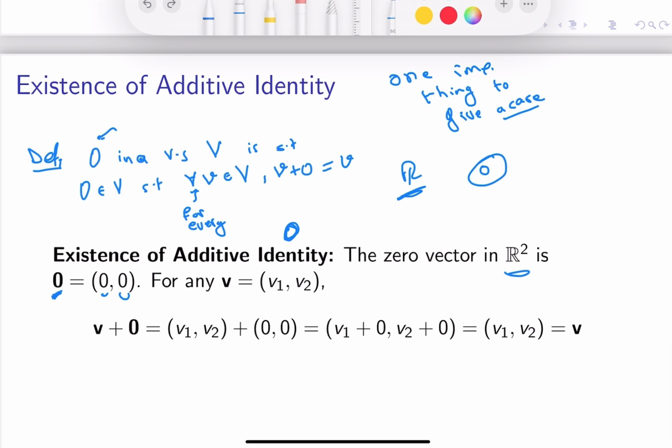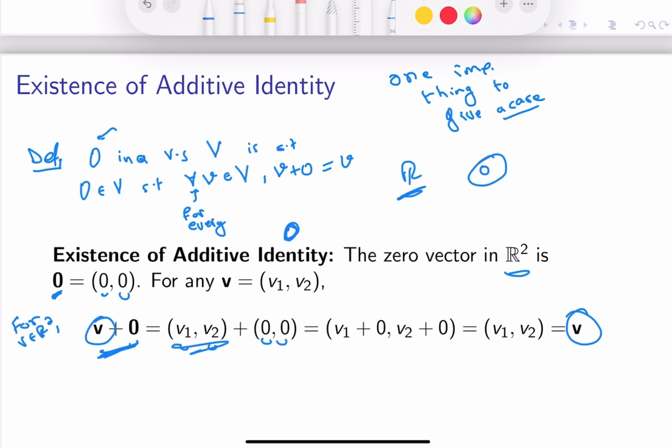And how do you figure this out? Well, you want to start with any vector, right? So you say for v in R2, you start with a vector in R2, and you want this when added to 0 to give you v back. So what's the only element that does this? We define the addition in R2 by element-wise addition. So v1, v2, this is the vector that we have, and we're adding it to the element 0, and we wish that, when added to this, to do nothing.